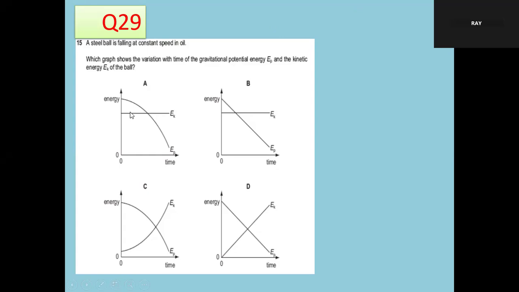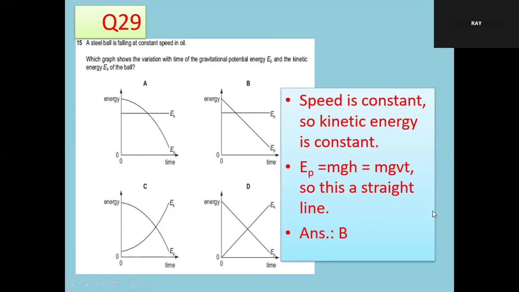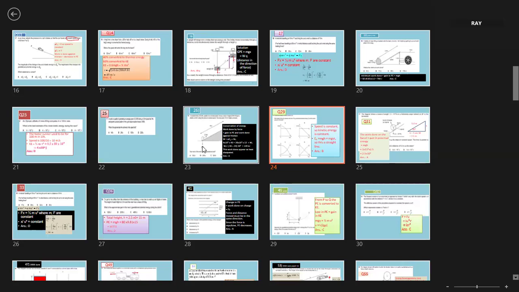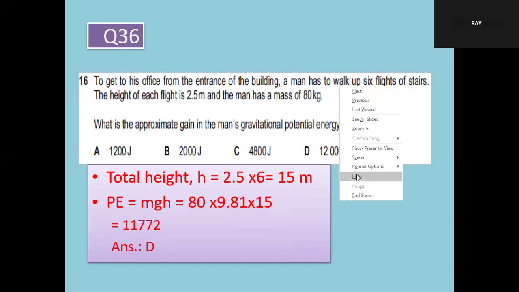The answer can be kinetic energy is constant, A or B only. And then potential energy is mgh. So it's a straight line, no? Okay. B. Yeah. This one is given to you already. No point working it out.